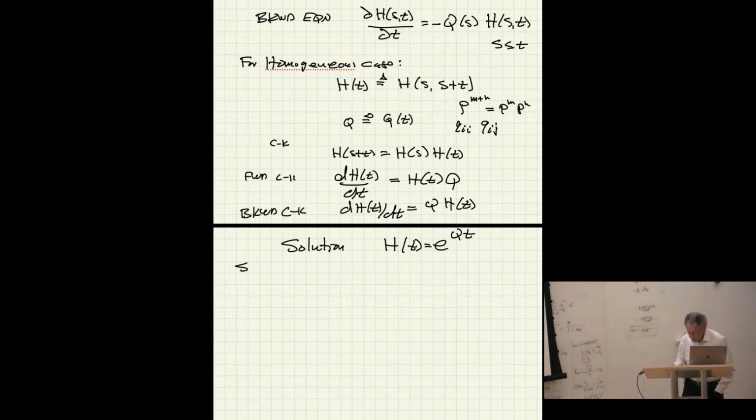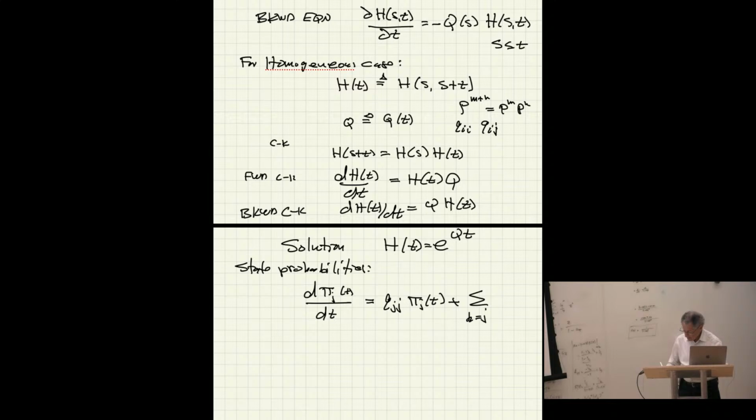And the state probabilities? The derivative of pi j of t with respect to t is equal to q jj times pi j of t plus the sum for k not equal to j of q kj pi k of t.